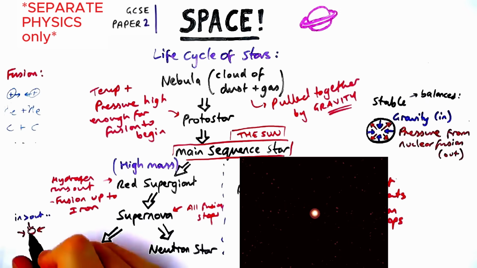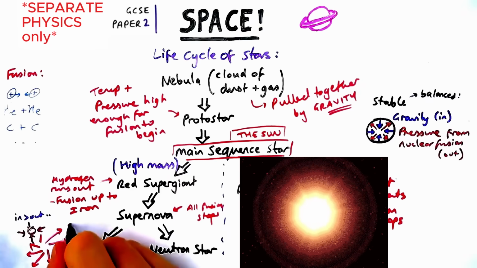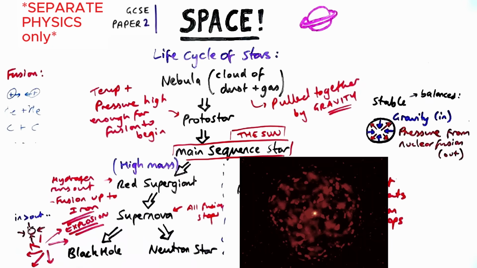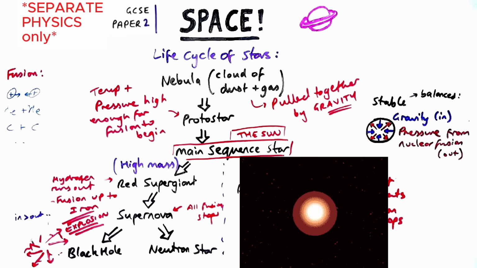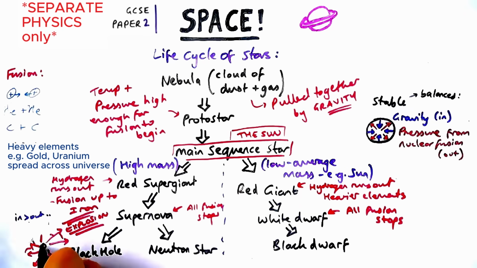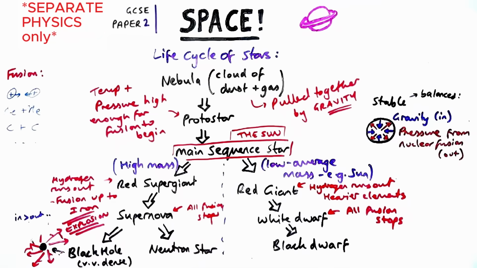Then it will suddenly rebound and expand outwards, and that's the supernova, an explosion of a star, all expanding outwards, throwing all the elements inside it all across the universe. Now, these elements are heavy elements, not just all the way up to iron, but you can have heavier ones than iron. What gets formed at the end is a black hole, which is a very, very dense object, or a neutron star.